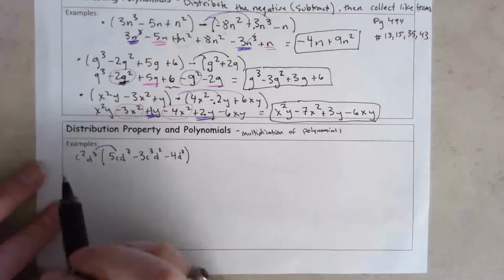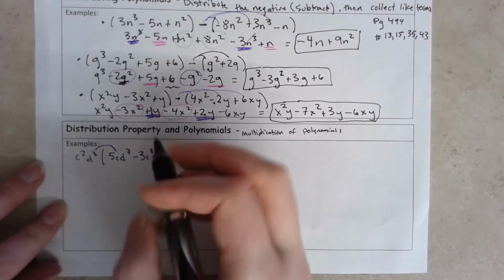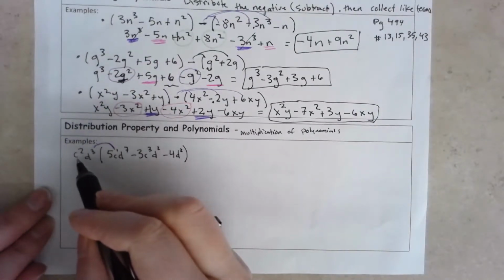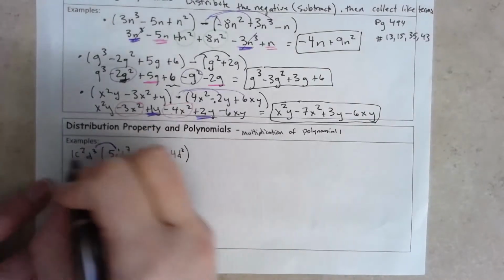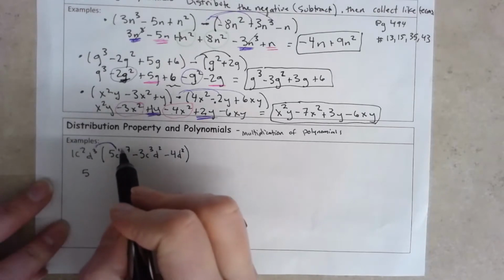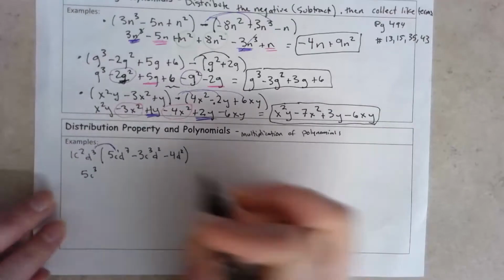So if I take c squared d cubed times 5cd to the 7th, remember from our exponents we add those exponents. So c squared, well, let's first deal with this. This is a 1. So 1 times 5 is 5. C squared times c to the first is c cubed. We do 2 plus 1.